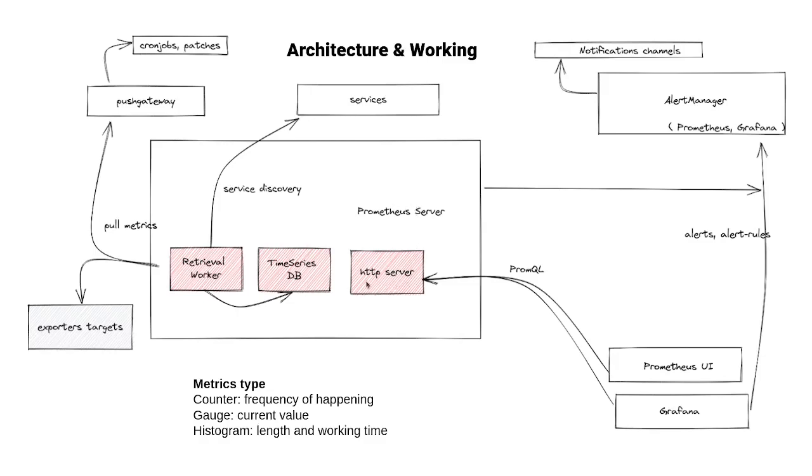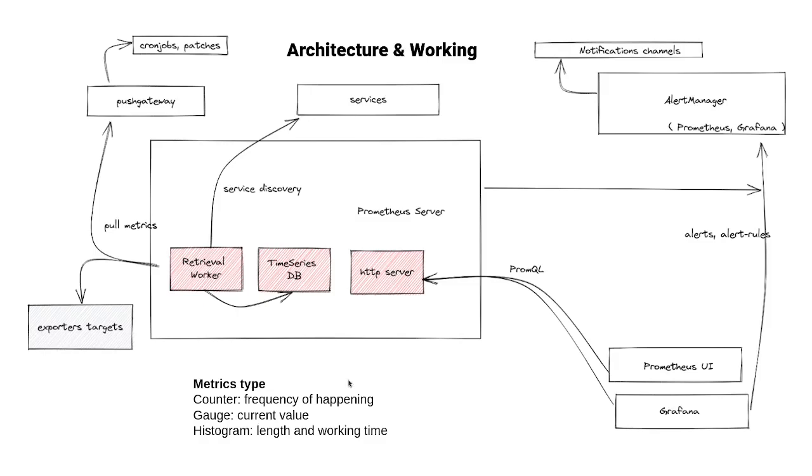Then we have the HTTP server, which provides the API to access the database. The HTTP server only accepts PromQL queries. Prometheus works on a pull-based system. The reason is so that we can run multiple instances of Prometheus and they all can pull the metrics as per the requirement.